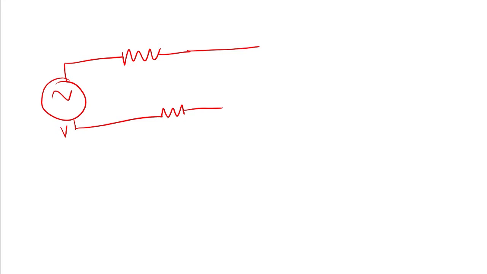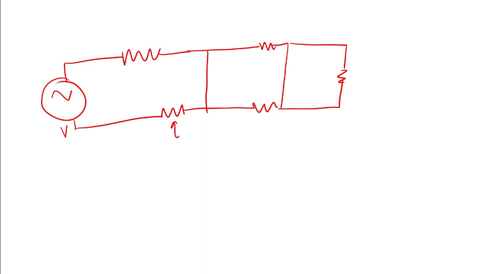Eventually we can draw the whole circuit, and eventually we end up at our load because our power line itself has resistance. So we also have a distance here, x.